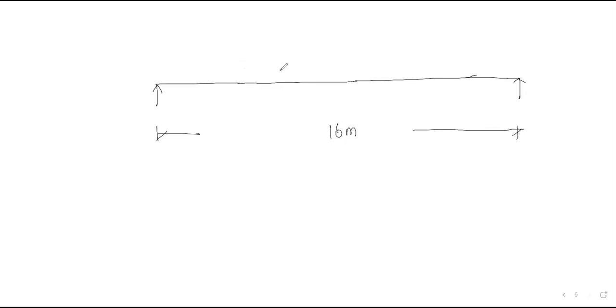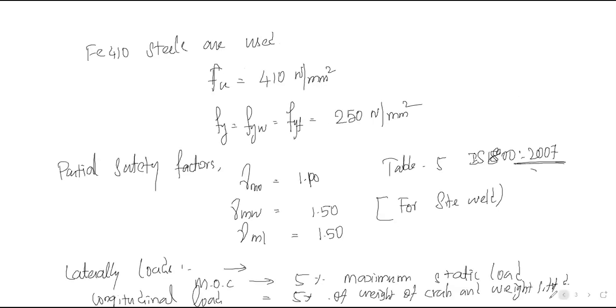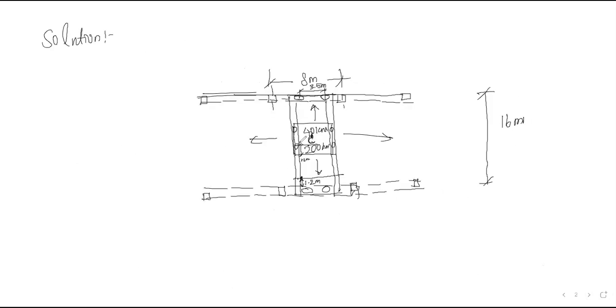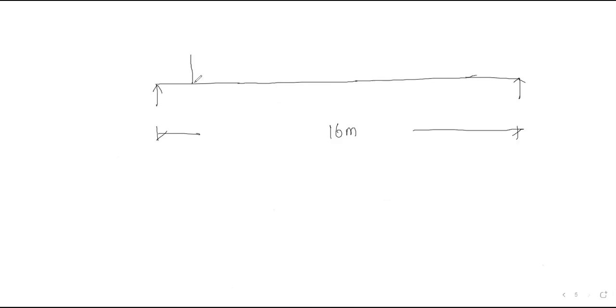Either I can take this side or this side, which means the minimum approach distance I can take at either this end or this end, both are similar. So I'm going to take any one of the sides. So at the minimum approach of 1.2 meter, the maximum factored concentrated load of 360 kilonewton is going to act.